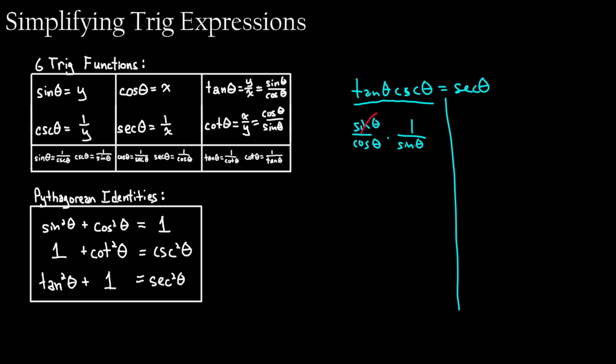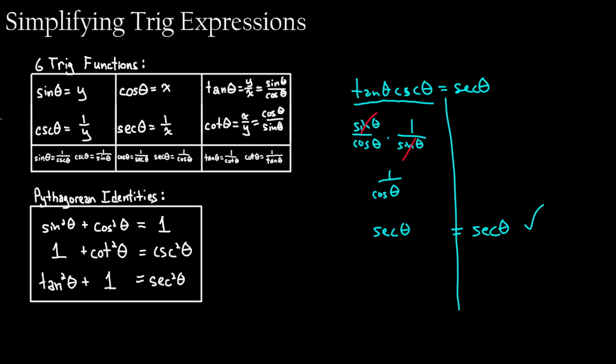So I have sine on top and bottom, which leaves me with 1 over cosine. And if I rewrite that in terms of its reciprocal identity, 1 over cosine is the secant of theta. And there we go. So secant of theta is equivalent to the secant of theta. Check it off the list, and that has been verified.